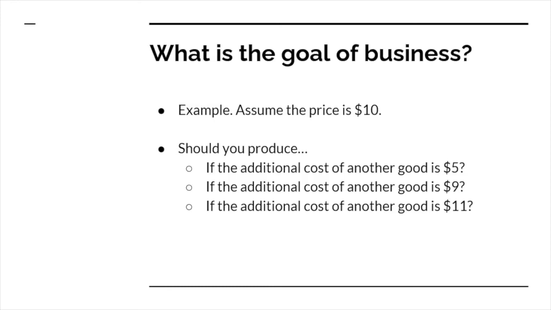Should you produce if the cost of producing another good is $11? Well, no. At that point, you are not going to produce that extra good because you're bringing in $10 because the price is $10, but it's costing you $11 to produce it. So we're not going to produce if the cost of producing the good is $11 there.